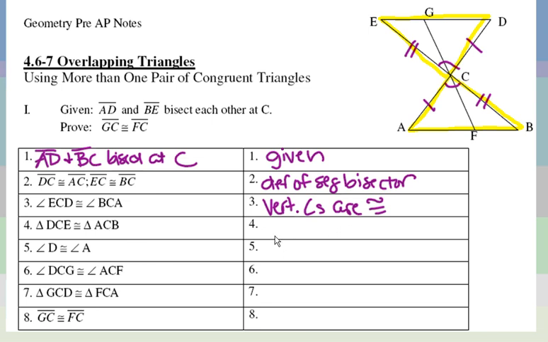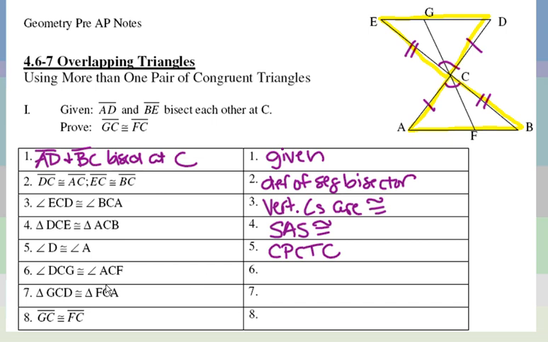You fill in why those triangles are congruent. I'll wait while you do it. Okay, obviously they are congruent by side, angle, side congruence. Now that I've proven those triangles congruent, all of their corresponding parts are congruent. So angle D is congruent to angle A, and that is because of CPCTC.